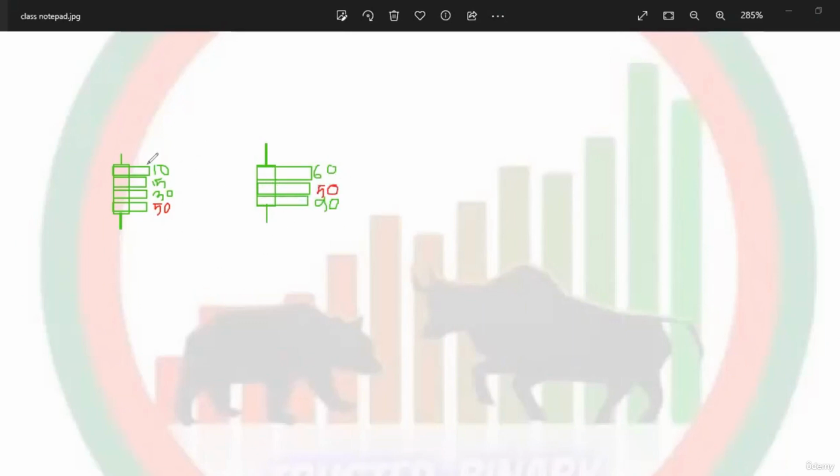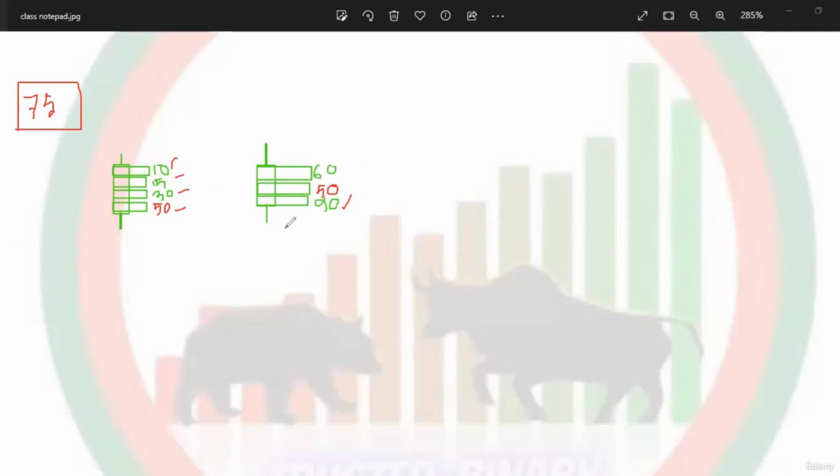The main difference between this candlestick and the other is that in the first one, all the volume amounts are less than 75. But in this candlestick, volume is more than 75, because one volume is 90.